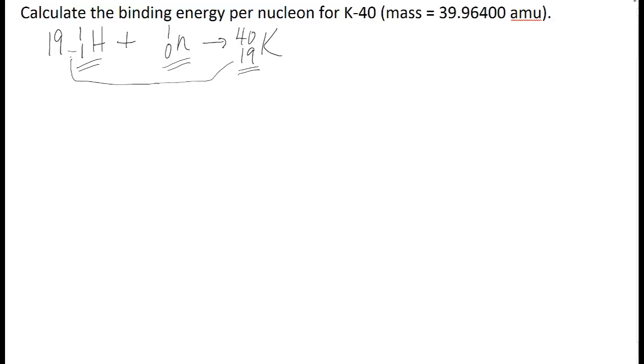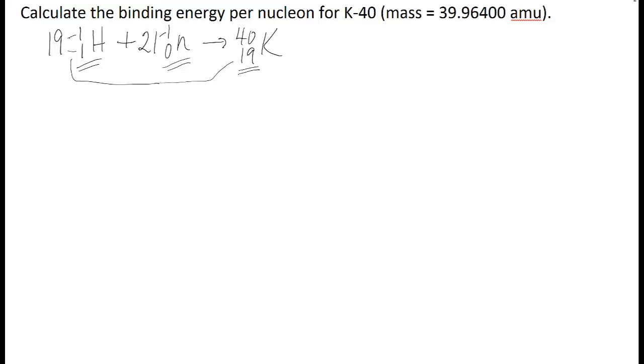So you use 19 as the coefficient in front of that first reactant. Then you make up the difference for the coefficient of the neutrons. On the top, 19 times 1 is 19, so 40 minus 19 is what? Well, it's 21. So 21 times 1 plus 19 times 1 is going to give you 40. So you've accounted for all the neutrons and all the protons. So now you have your equation.